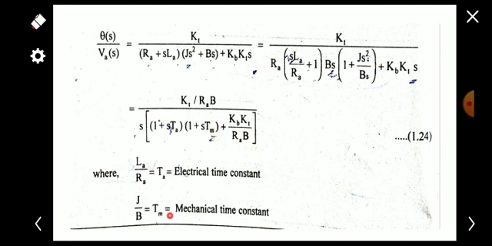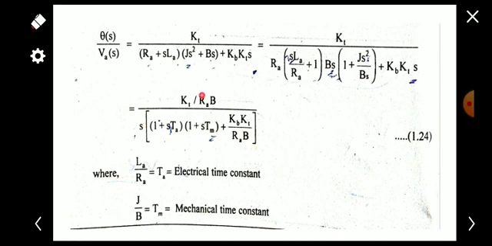Plus Kb Kt s becomes Kb Kt by RaB, because we are writing Ra into B in the denominator part.